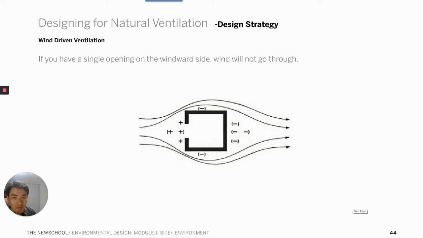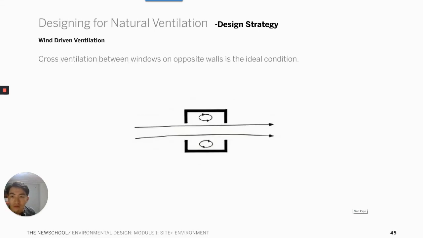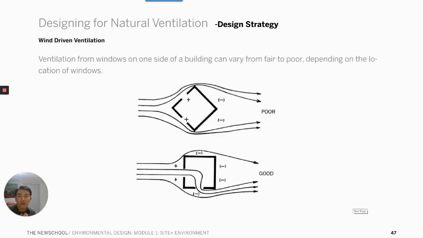We don't have any flow of air going through. Cross ventilation between windows happens when we have two openings on the windward and leeward side. Opening size is ideally the same for both inlet and outlet.